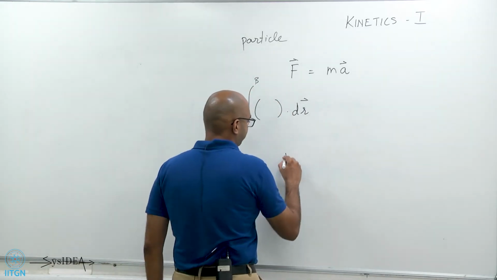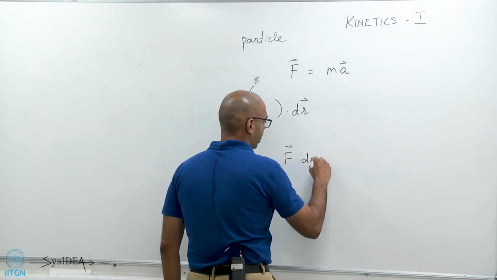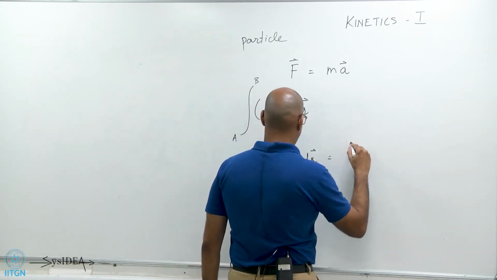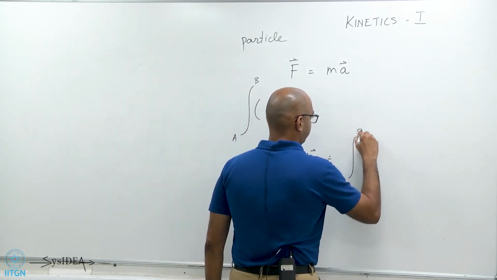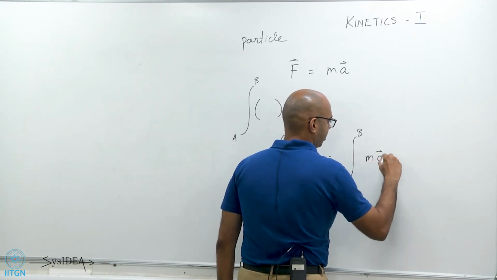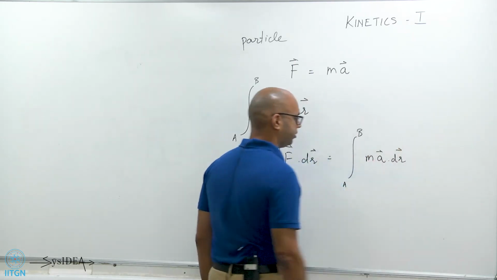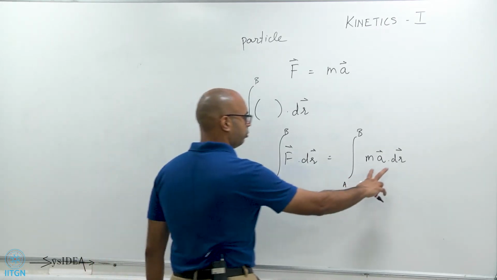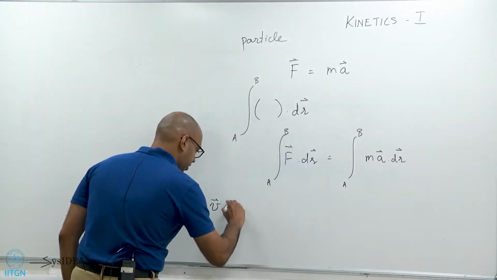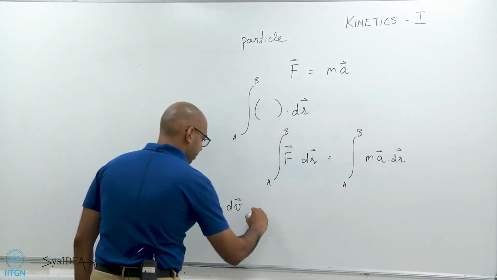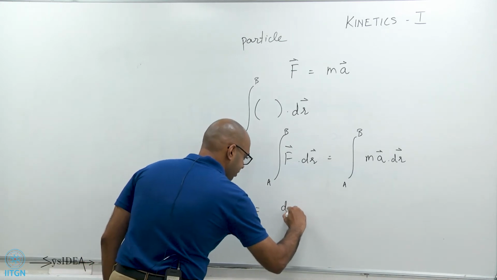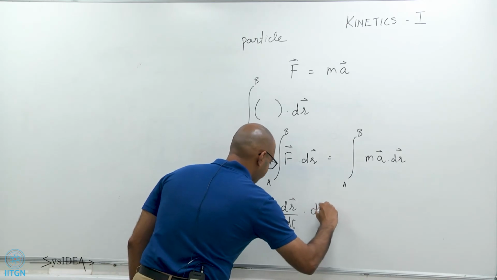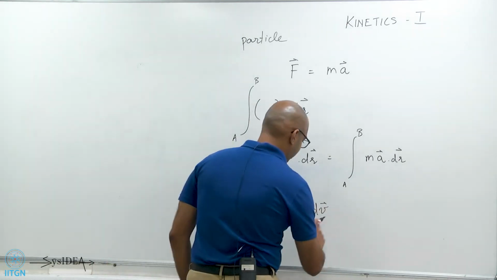Now if we do this, we get the integral from A to B of f dot dr is equal to the integral from A to B of ma dot dr. Just a quick note on this, a dot dr I can write as dv by dt dot with dr. I can take dt here.